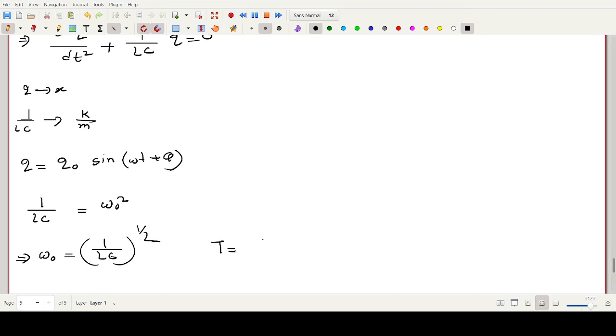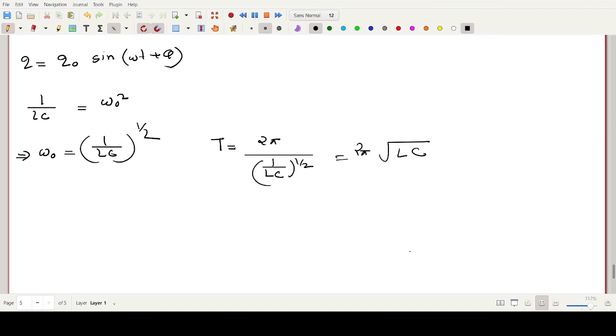From here we can write T equals 2 pi by omega naught, so 2 pi times root over LC. And what is the frequency here? 1 over 2 pi root over LC.